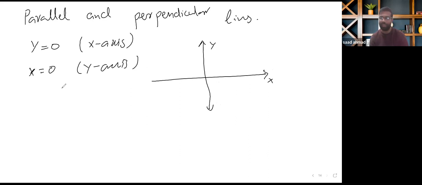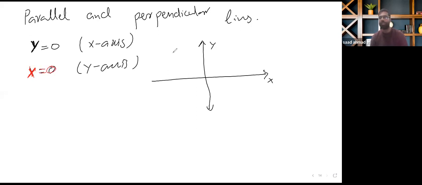It might look opposite, but it's not. Sorry, the equation for the x-axis is y equals 0, and the equation for the y-axis is x equals 0.